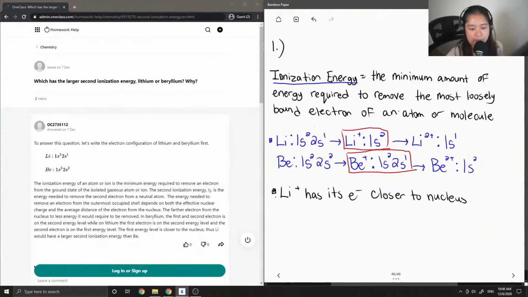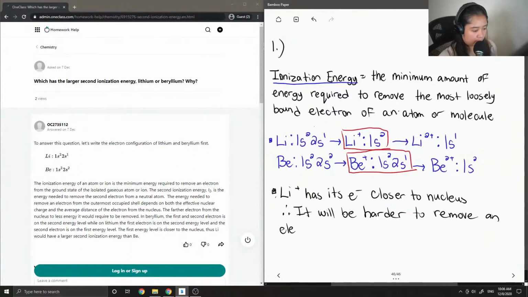The closer you are to the nucleus, the harder it is to remove an electron because it is more positively charged in the nucleus. So therefore, it will be harder to remove an additional electron.